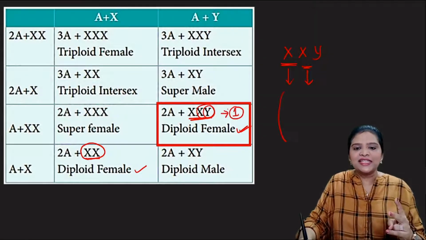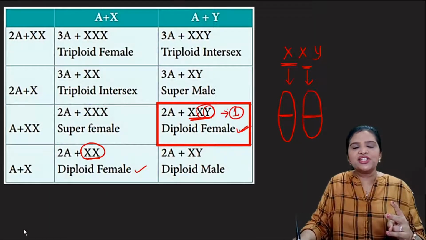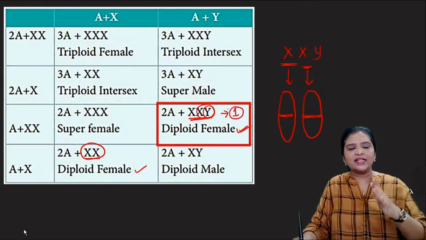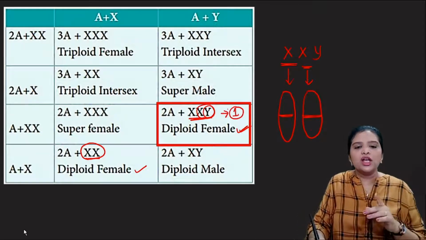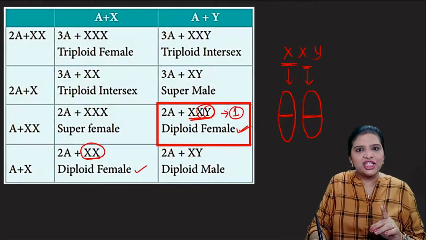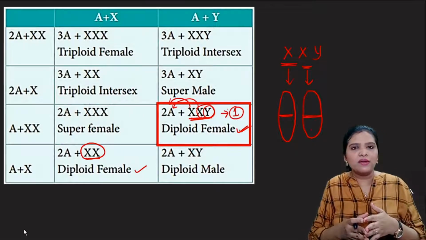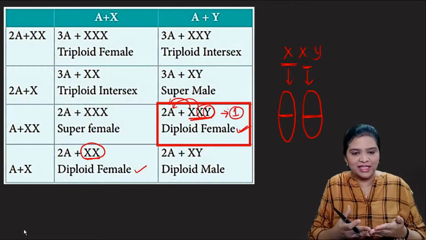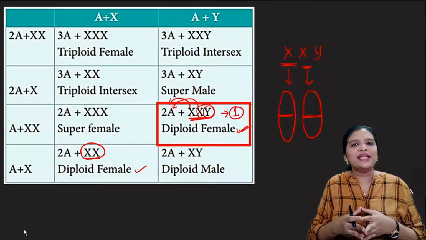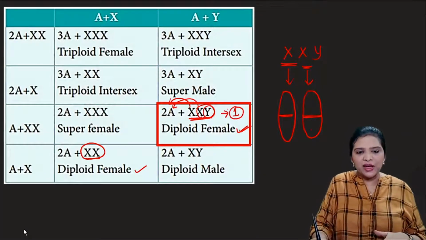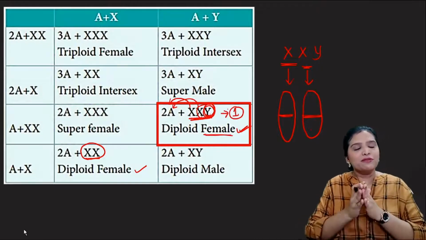That means this has two sex lethal genes, one on one X chromosome and another on the other. So these two sex lethal genes produce proteins which go and suppress the two sets of autosomes, so as not to express the male character. As a result, the male character is not expressed. That's why though it has a Y chromosome, this organism remains a female.